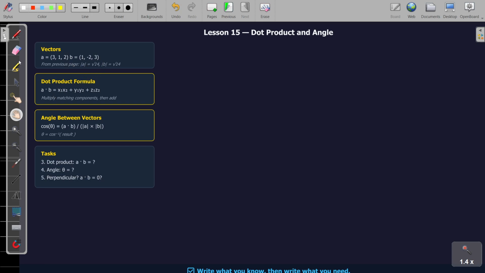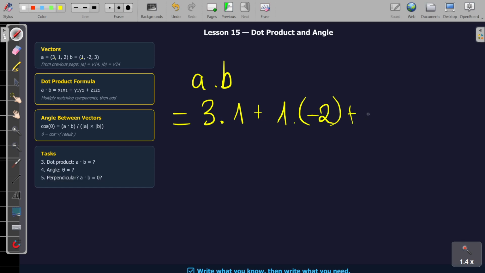Now what we want to do is to write the dot product formula. We basically multiply these components together correspondingly, of course, and then add the results. So let's multiply them together. We have 3 multiplied by 1, the x of A with x of B, plus 1 multiplied by minus 2, plus 2 multiplied by 3.